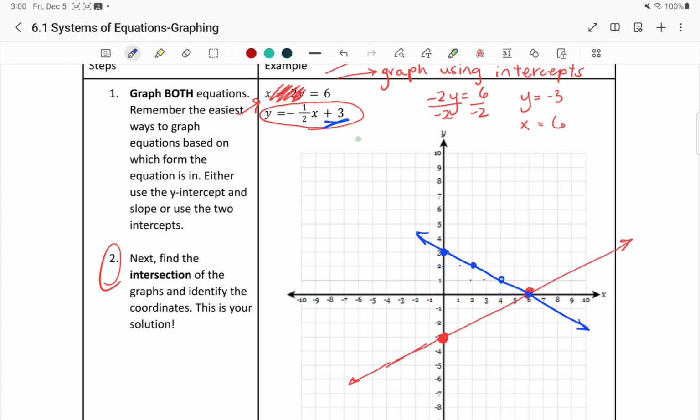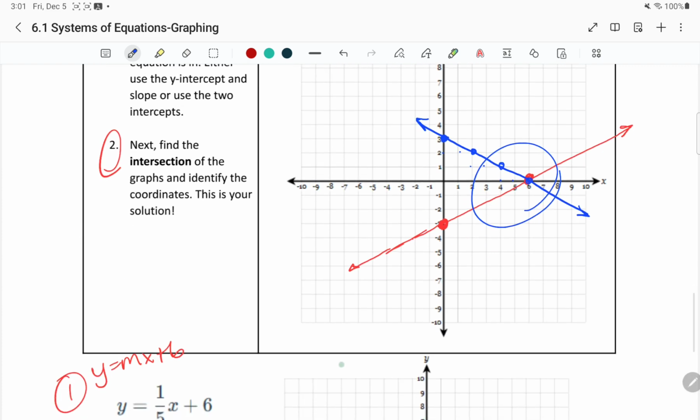Step 2 is what you actually plug into Delta Math. So now that I have 2 equations, I am looking for where both of them have a solution. I'm looking for the solution, which is where they cross. Think of it as like X marks the spot. So my solution for this problem is going to be that point right there where they both crossed, and that is parentheses 6, 0.